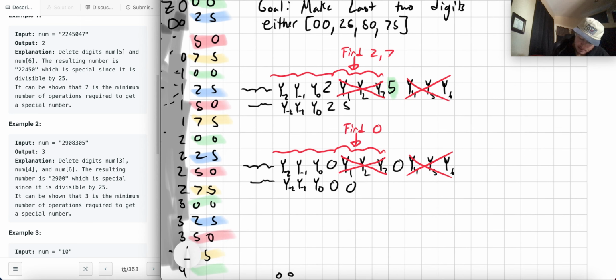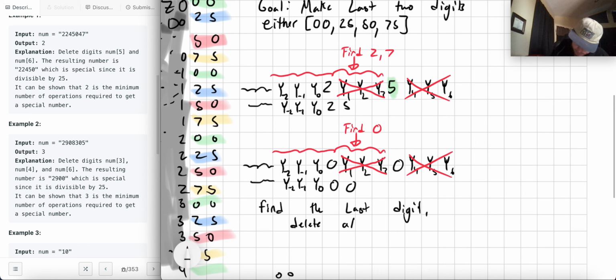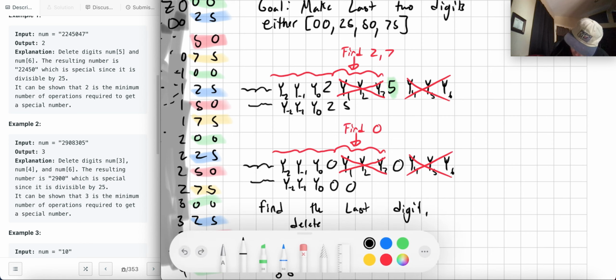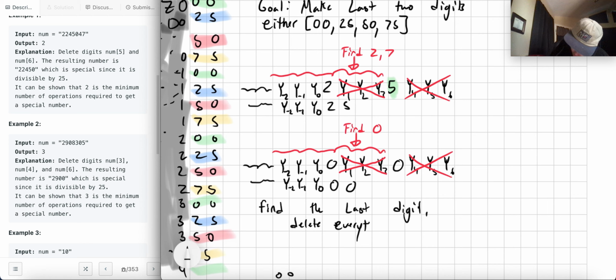What I can do is find the last digit. I delete everything after, and I delete everything in between.